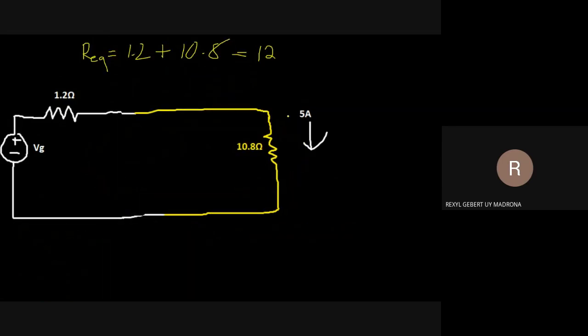And since we already solved the current here, 5 amperes, we just plug in those values. Vg equal to 5 times 12 equal to 60. And there we have it. Vg equal to 60 volts.